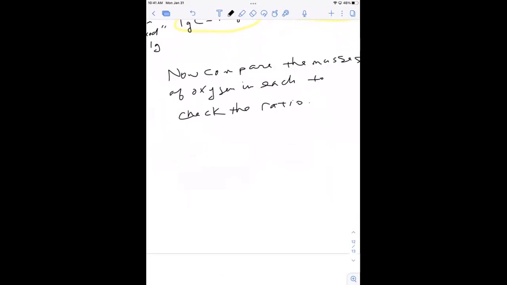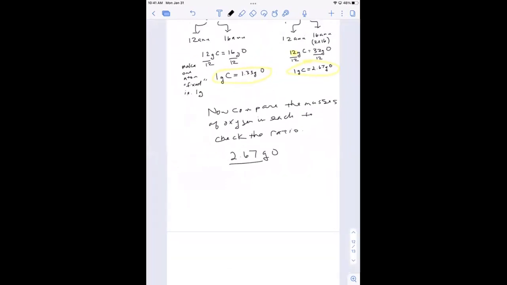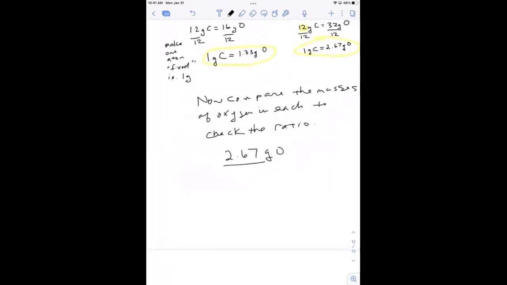So if we take 2.67, which we got from CO2, and divide that by 1.33 grams of oxygen that we got from the first, right?